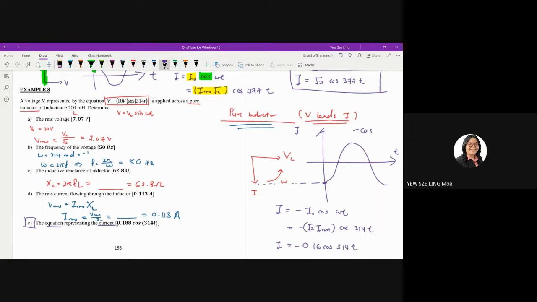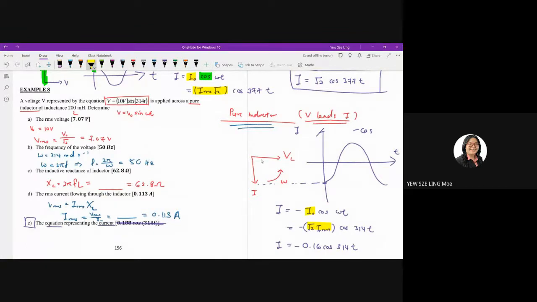So the answer given right here is wrong. That is the correct final answer. So this is how you solve it. I naught is root 2 times IRMS. That is how you form the equation. So basically, that is how you solve example 8.